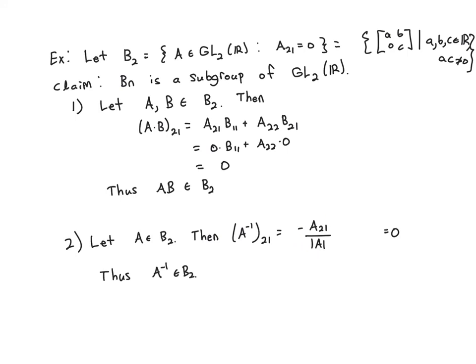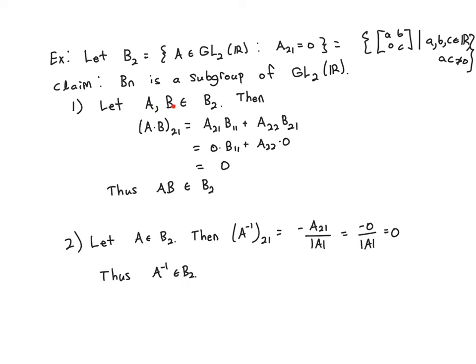And then you divide by the determinant. But because A is in this set, this lower entry here is 0. So A sub 2, 1 is actually 0. So we actually get this fact. And 0 divided by anything that's not 0 is 0. And so we get what we wanted to show.